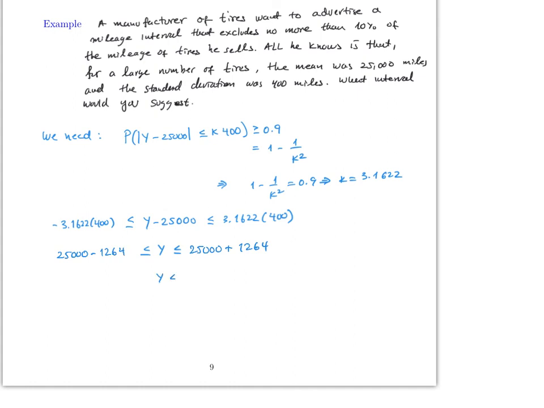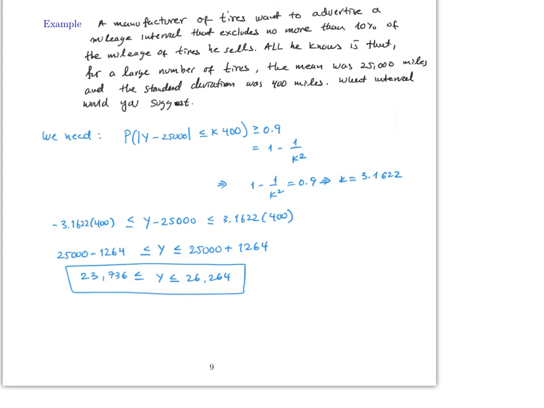So that means Y will be between 26,264 and 23,736. So 90% of the tires should last between this many miles. That's what you should suggest.